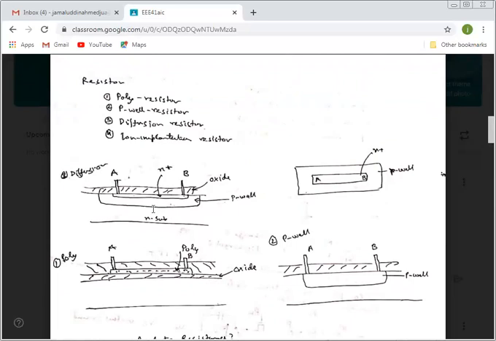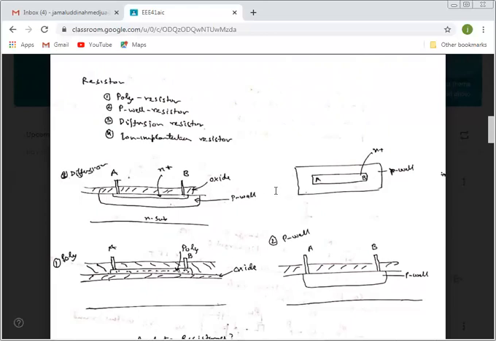The diffusion resistance is like, in the p-well, we make a diffusion layer, and then at the two corners of the diffusion layer, we bring out the contacts A and B, and these two are the two terminals of the resistance, and the amount of resistance depends on the n plus diffusion resistance. N plus diffusion resistance makes the total resistance from A to B.